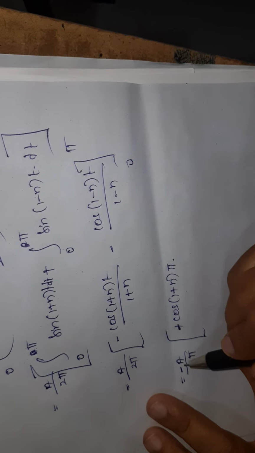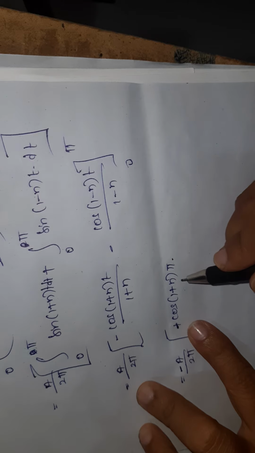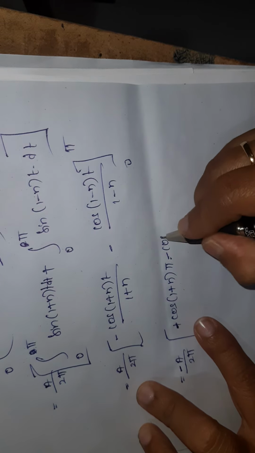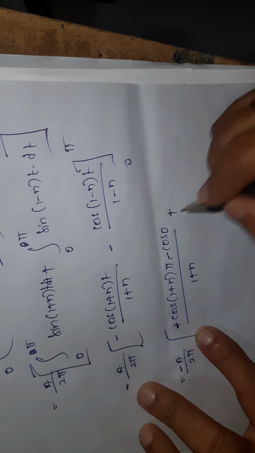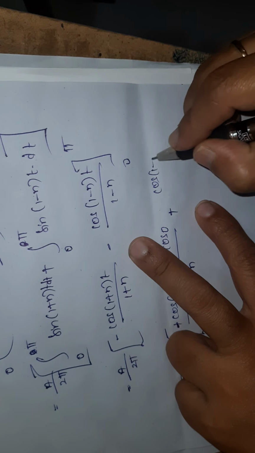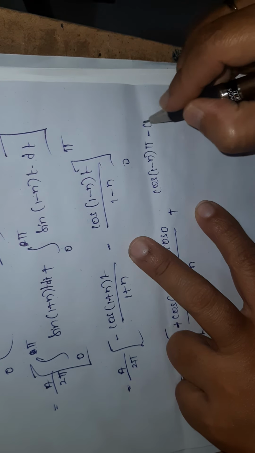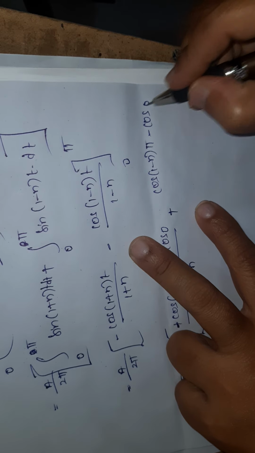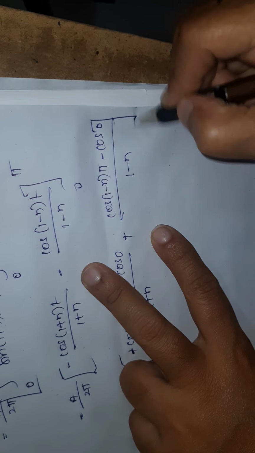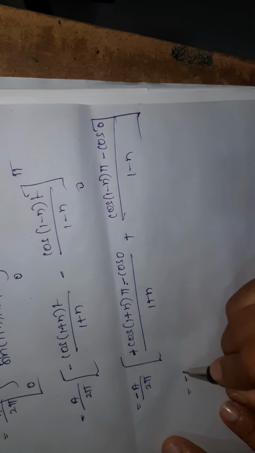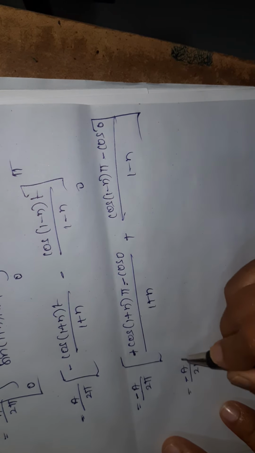So I am taking minus common. So cos of 1 plus n into pi minus cos 0 by 1 plus n, plus cos of 1 minus n into pi minus cos 0 by 1 minus n. Okay, so minus a by 2 pi.